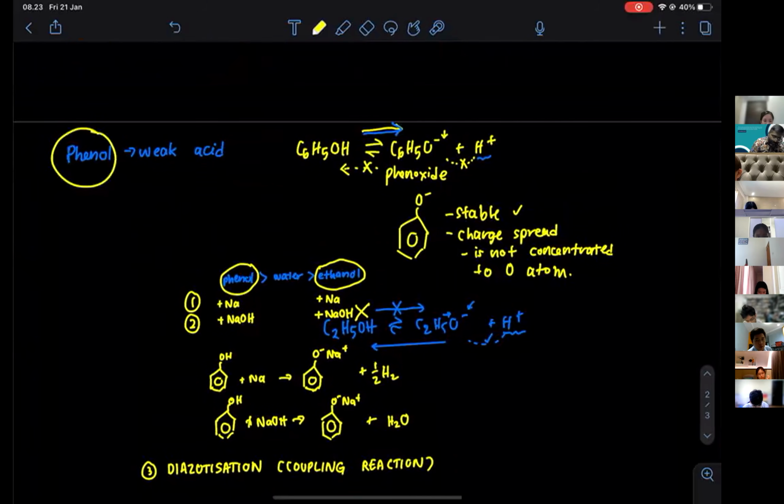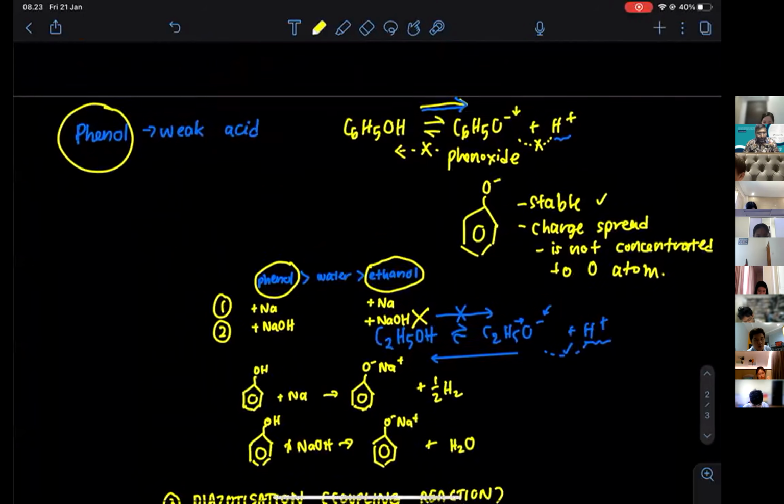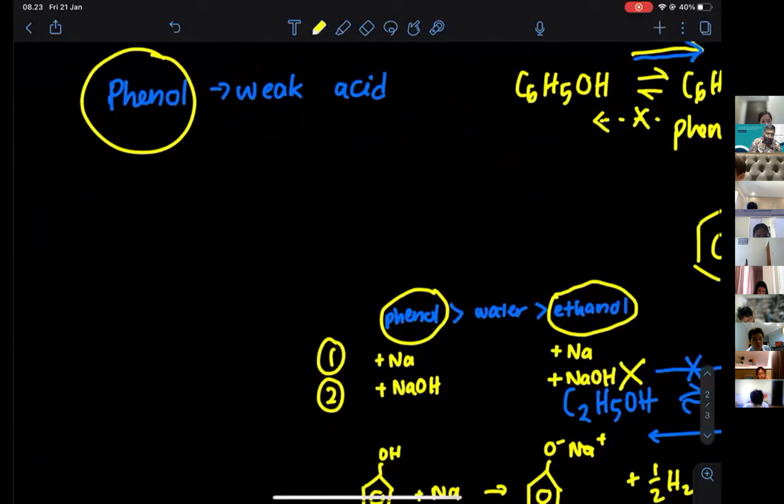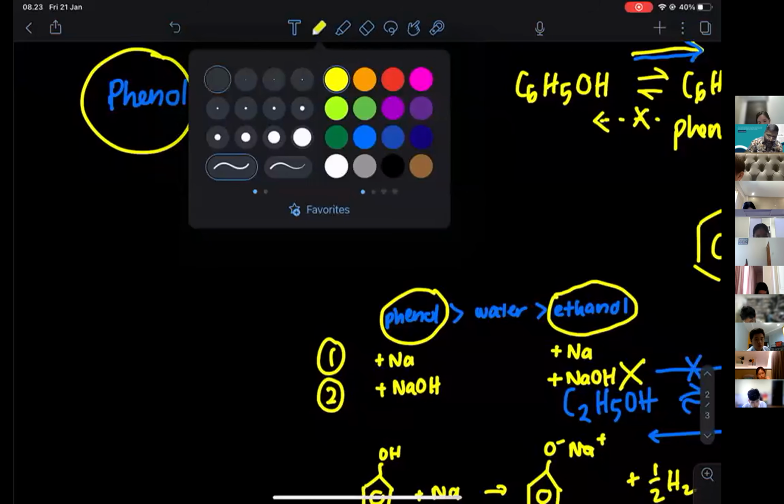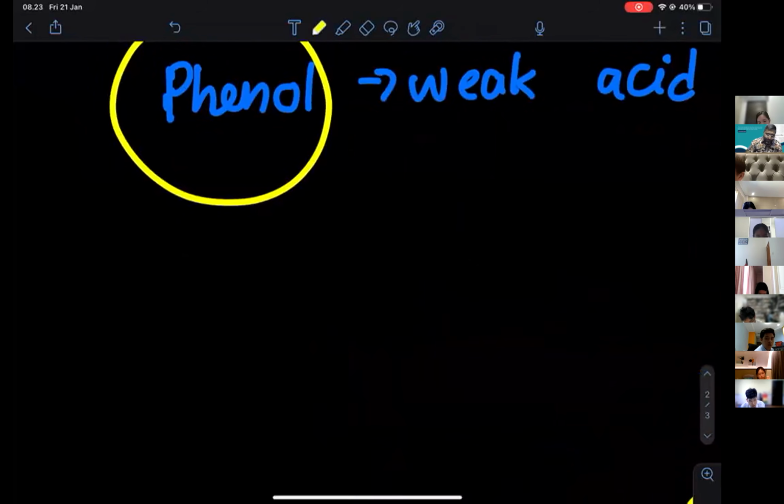How to get phenol in the first place is the first part of the diazotization reaction. Phenol is made from phenylamine, which reacts with HNO2 and HCl.